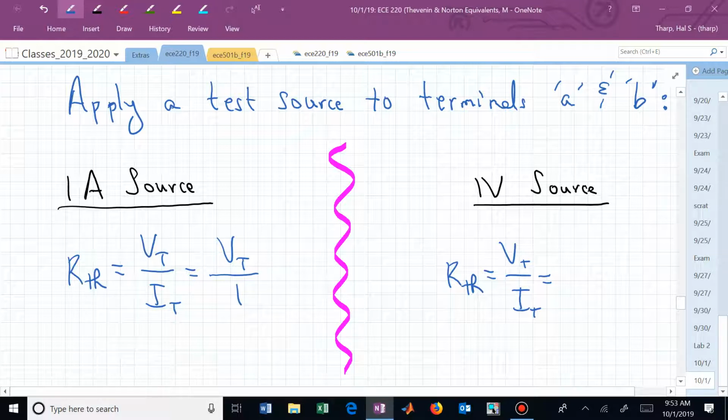For the 1 volt source, now we have the 1 volt in the numerator. We compute the current coming out of that test source and use that in our denominator, and that would give us our Thevenin. So either of these we can use. Sometimes it's maybe more convenient to use one versus another, but you should find the same result by using either one.